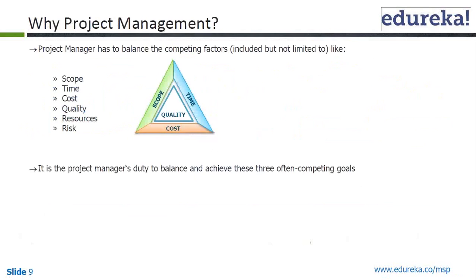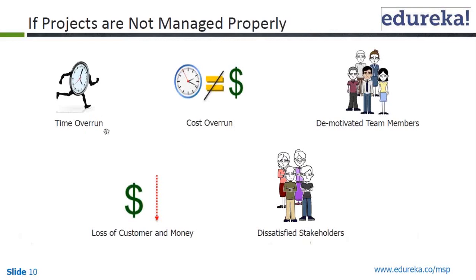So why is managing a project important? Before I cover this slide, I'll cover this one because it actually answers why managing a project is important. If you don't manage projects effectively, there will be a time overrun. You will lag the schedule, and there will be a schedule overrun and a cost overrun.